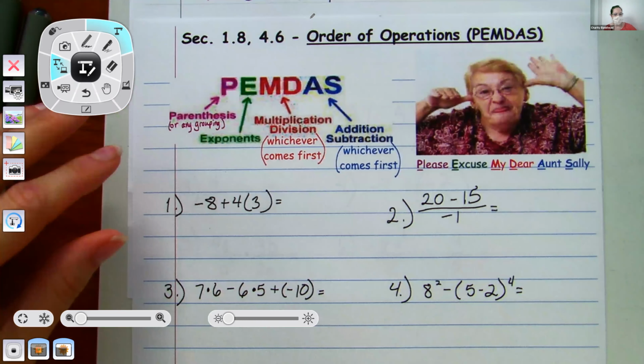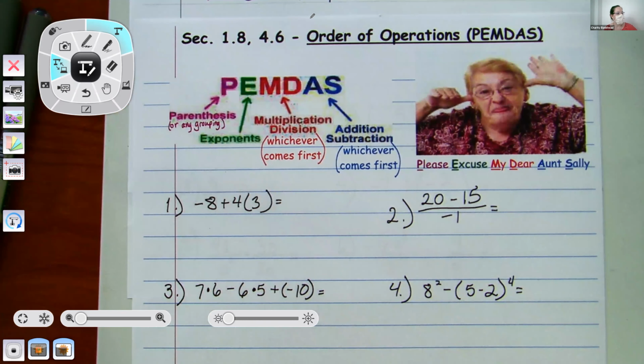Next, we're going to talk about the order of operations, also known as PEMDAS, or please excuse my dear Aunt Sally. Parentheses can stand for any type of grouping.